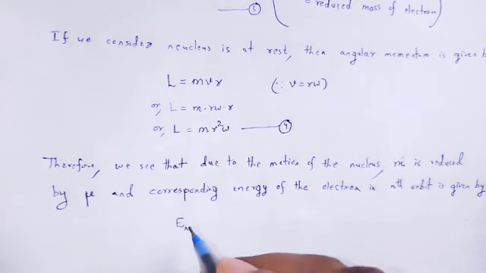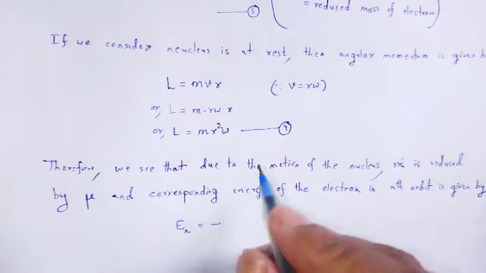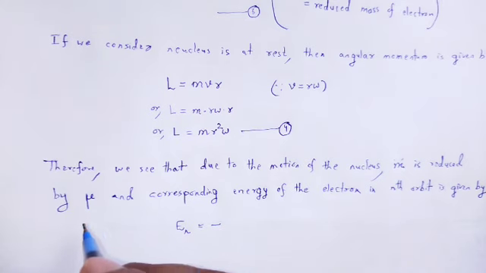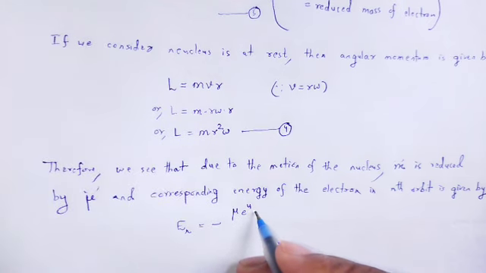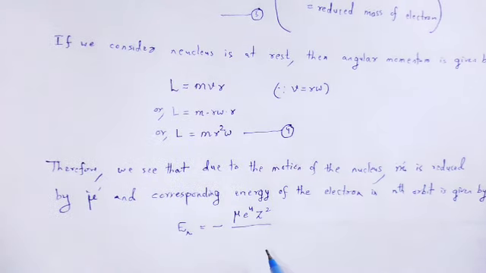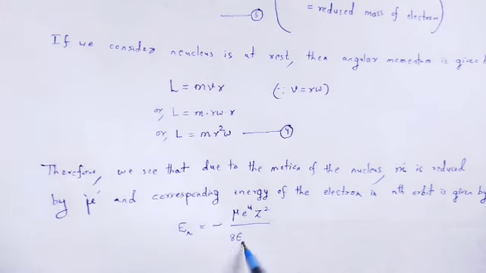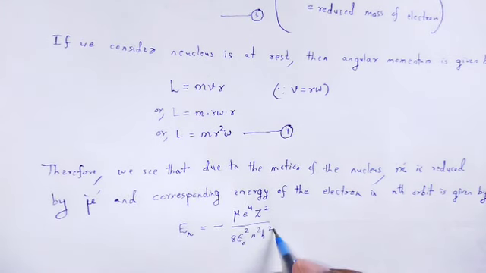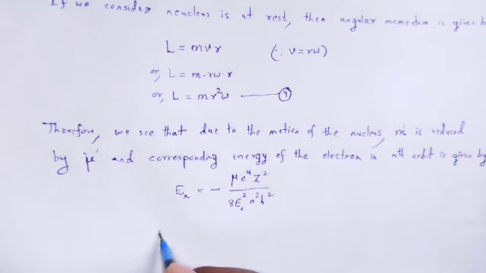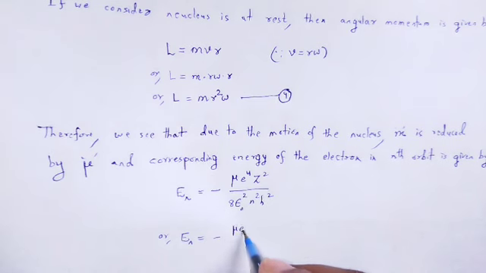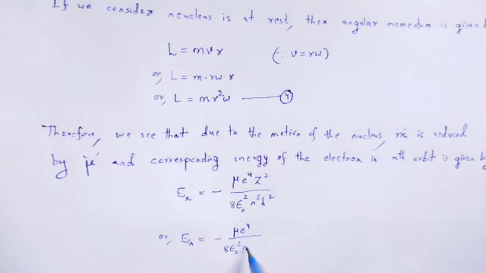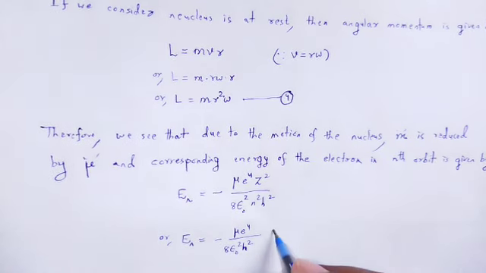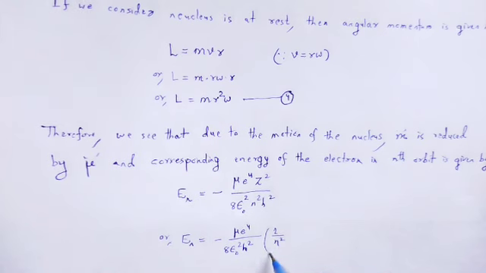the expression En now changed, in place of m we just simply write the reduced mass mu e to the power 4th z square divided by 8 epsilon naught square n square h square, or En is equal to minus mu e to the power 4th divided by 8 epsilon naught square h square n square.